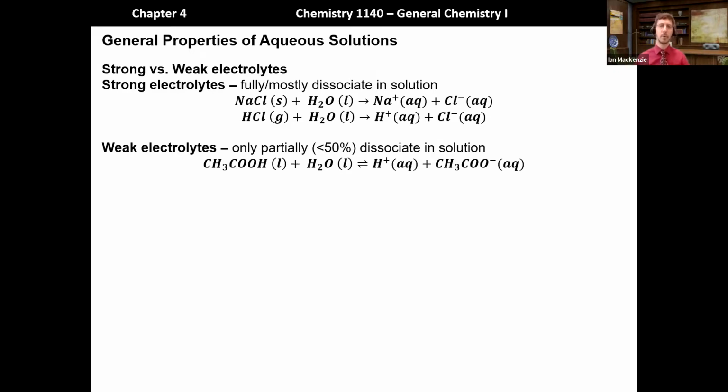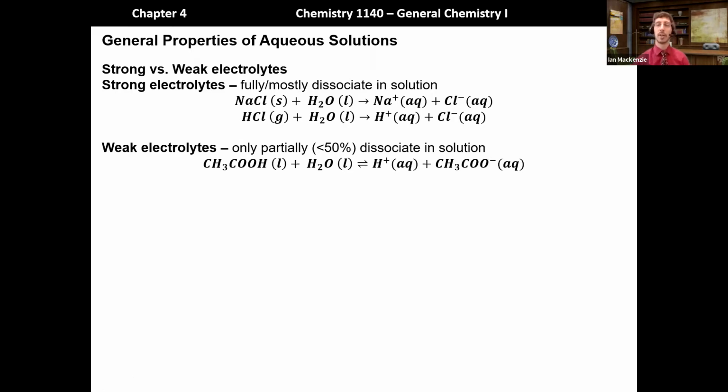They only do it to a partial degree. And a common example of a weak acid is acetic acid, which is shown here, CH3COOH, where the H is my acid. It will dissociate to give H+, and then the acetate anion. But it only does so to a very small degree, maybe about 10% in solution in water.